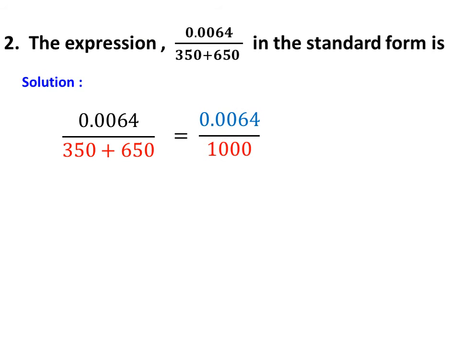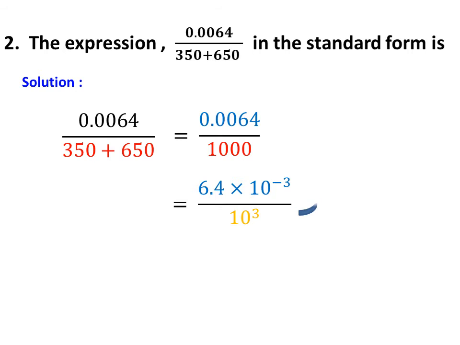We get 0.0064 by 1000. We know that 1000 is nothing but 10 power plus 3. Also, in the numerator, 0.0064 is written in its standard form, that is 6.4 into 10 to the power minus 3.